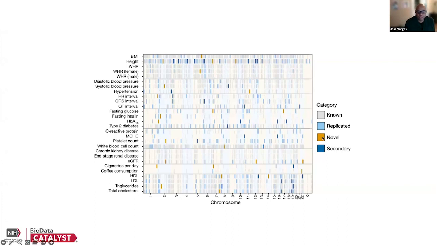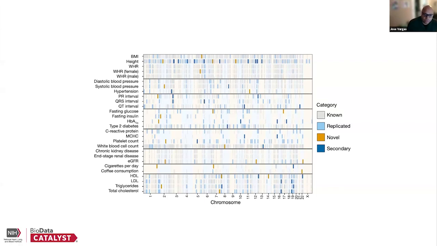So not only do you replicate, as is shown in light blue, but you can also increase, regardless of the phenotype almost, the number of significant hits. So that's another benefit, not only from an accuracy standpoint, but also from increasing power when detecting novel variants.